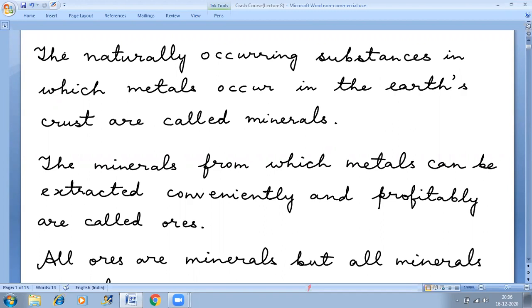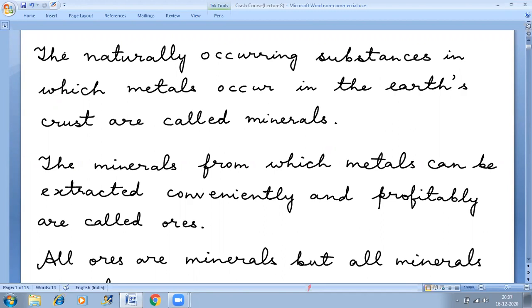Because it may not be very easy for me to take out the metal from that mineral. It may be very costly because the quantity of metal in that mineral could be very scanty. It may be a very low amount. It may be a small amount of metal. So it may not be very profitable for me if I want to carry out the extraction. That means that will not be called an ore.